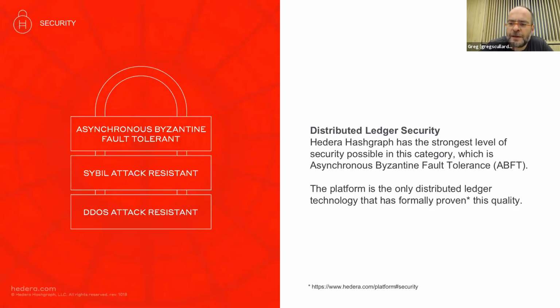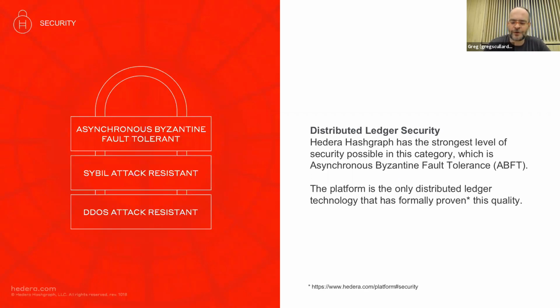Looking at security, Hedera Hashgraph has the strongest level of security possible, which is asynchronous Byzantine fault tolerance. This platform is the only distributed ledger technology that has formally proven this through a Coq proof. We achieved this in the middle of last year, 2018.